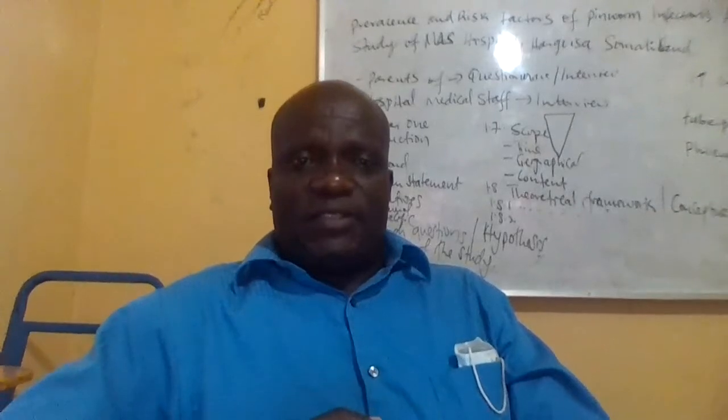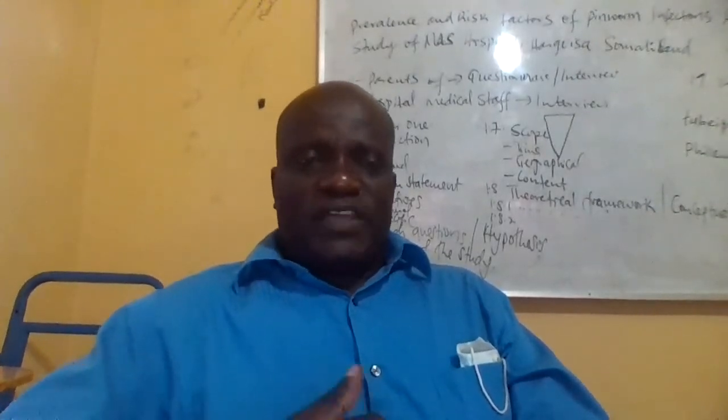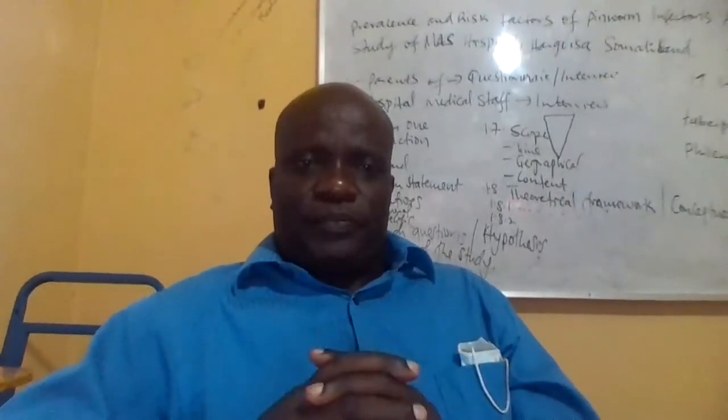1.7, justification of the study. Here, the researcher will give the reason and the rationale for wanting to carry out the proposed research, which must and should be spelled out in this subsection.